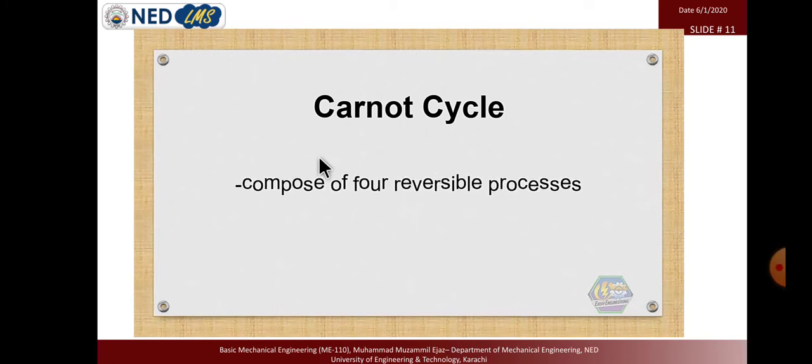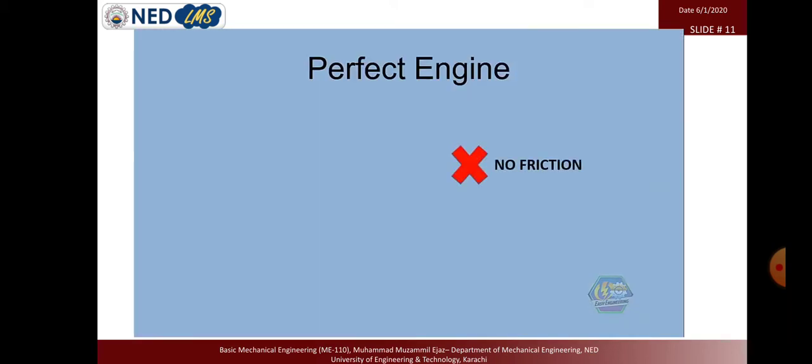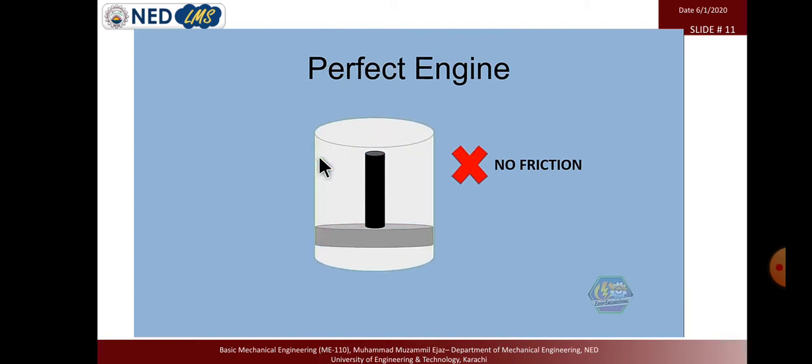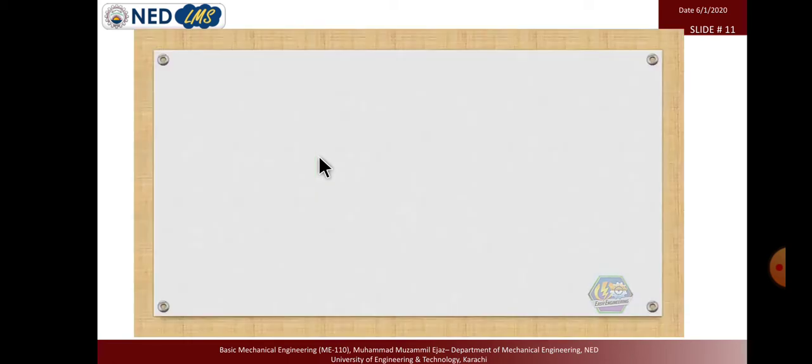The reversible process means direction can be returned to its original position. Also, it uses ideal gas as its working medium. And no doubt, this is a perfect engine. No friction between piston and cylinder walls, and no heat transfer between the surroundings and your system is considered.